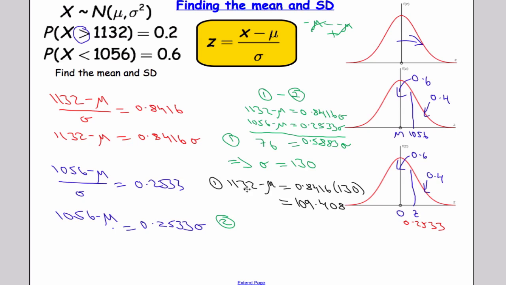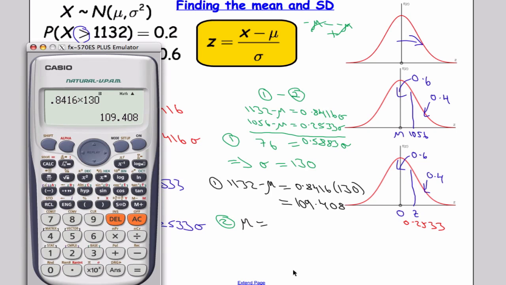Then I'm going to bring mu over to the right. That will make it positive, and take this value here over to the left. That will make it negative. So we get that mu equals 1132 minus 109.408 gives me 1022.592.